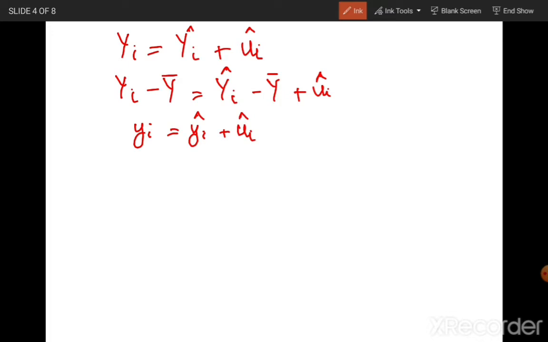Now this is the same equation in what's called deviation form, right?